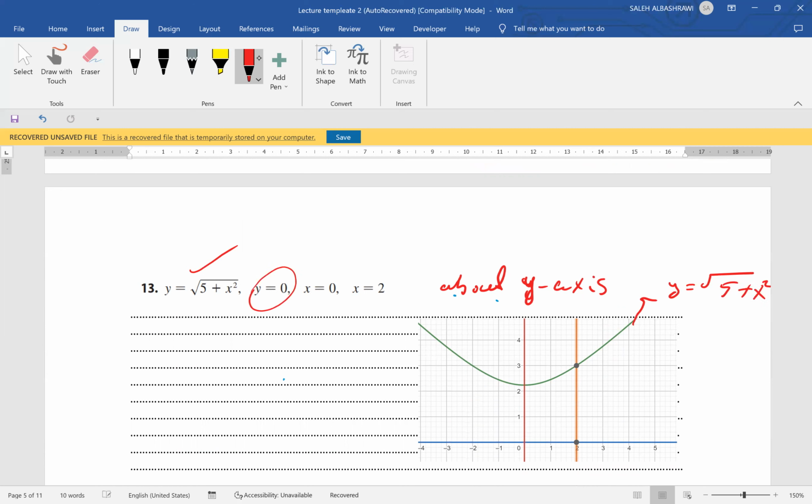Y equal to 0 is the x-axis. And x equal to 0 is the y-axis, this line. And x equal to 2 is another vertical line. So my region now includes the area between all of these equations, it is this area.